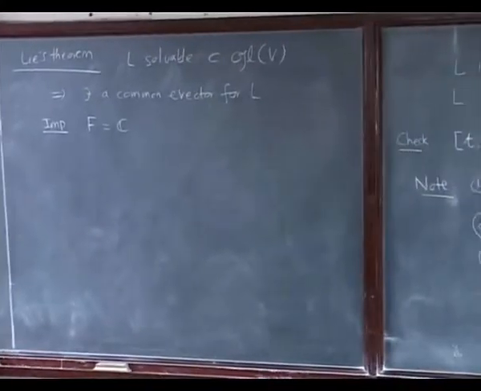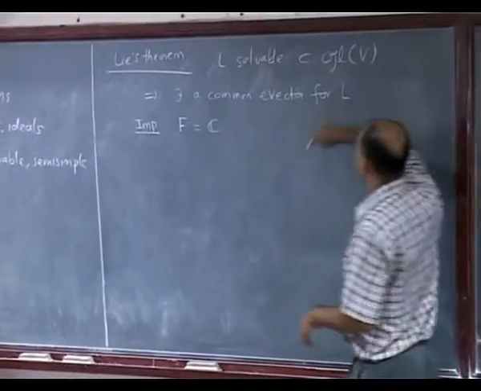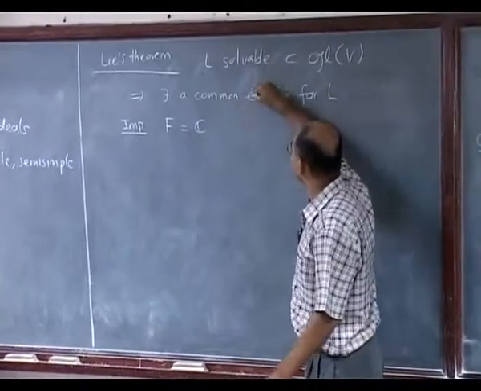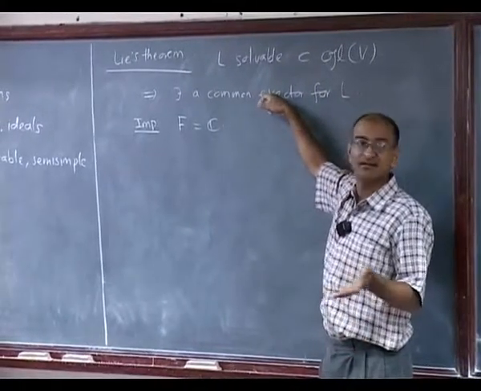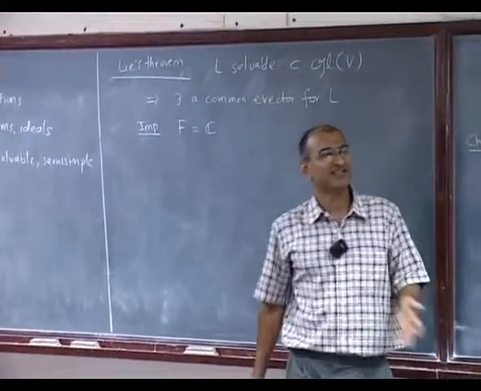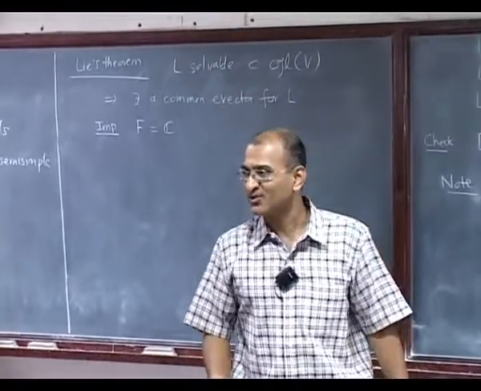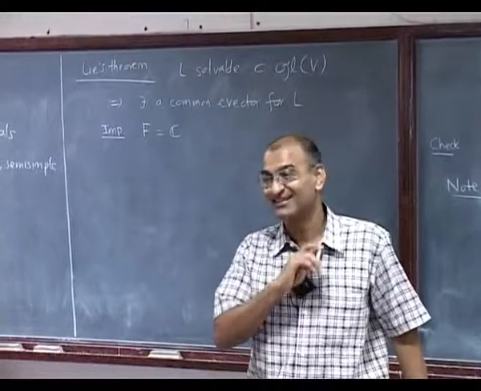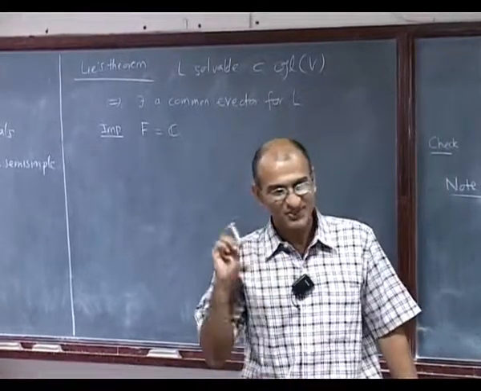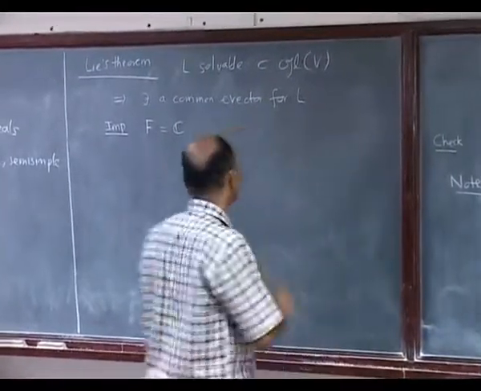Why do we need algebraic closure? That is not such a mystery. I want eigenvectors. If I am not able to factor the characteristic polynomial, then what am I going to do? So algebraic closure is okay. But why do I need characteristic 0? That is interesting, and the theorem actually fails in positive characteristic.